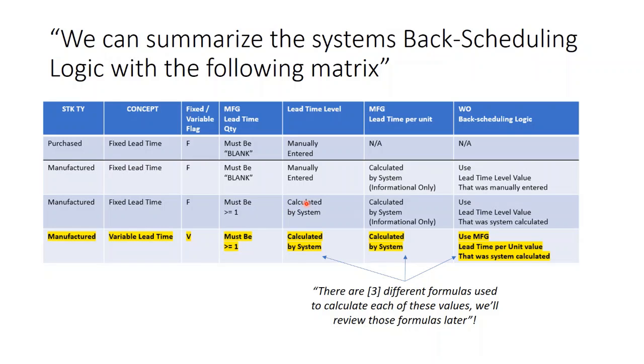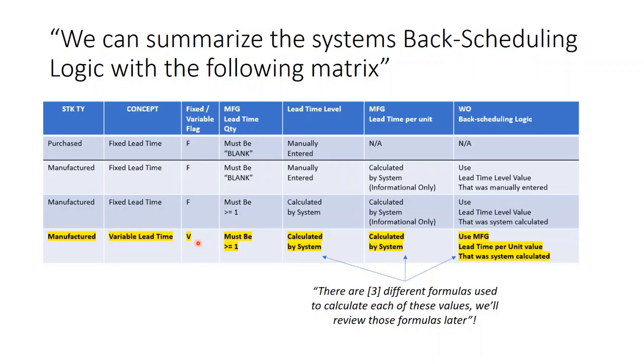And then when running the lead time roll-up program, it would calculate the lead time per unit, which would be informational only. And then again, when we cut work orders for this manufactured item using fixed lead time concepts, it would use the lead time level value that was calculated by the system.